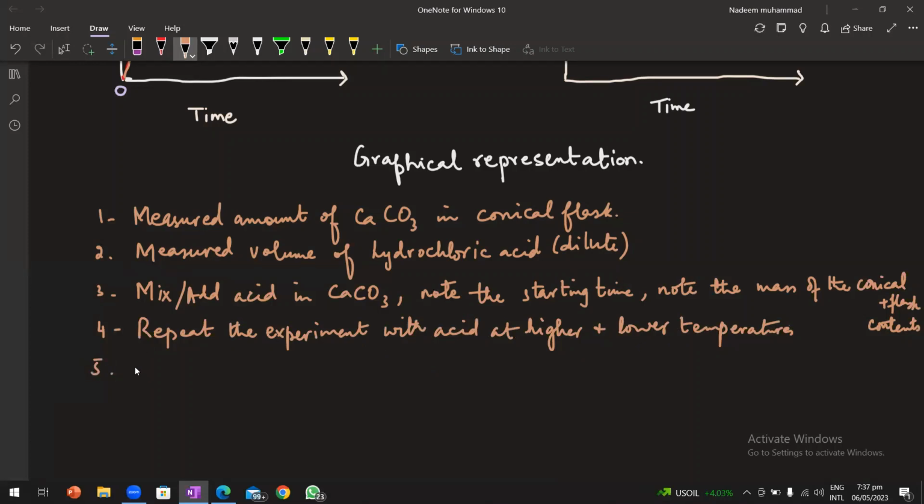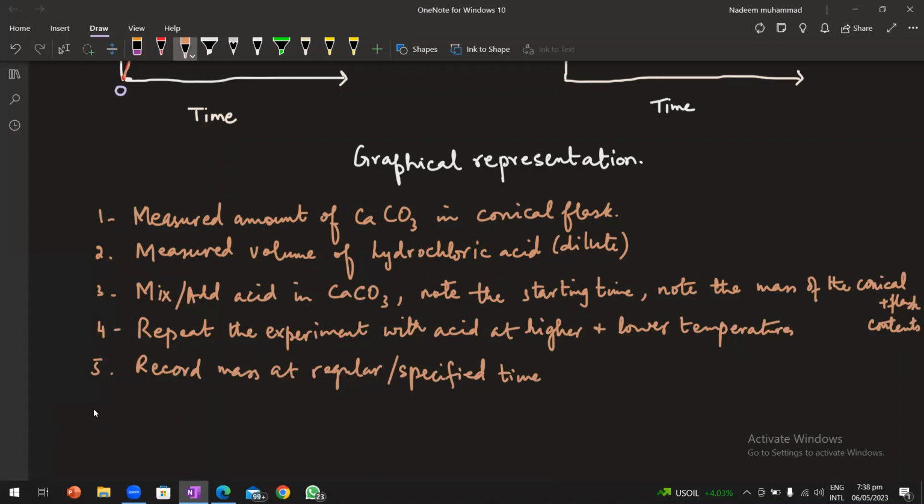Just record the mass at regular or at a specified time.